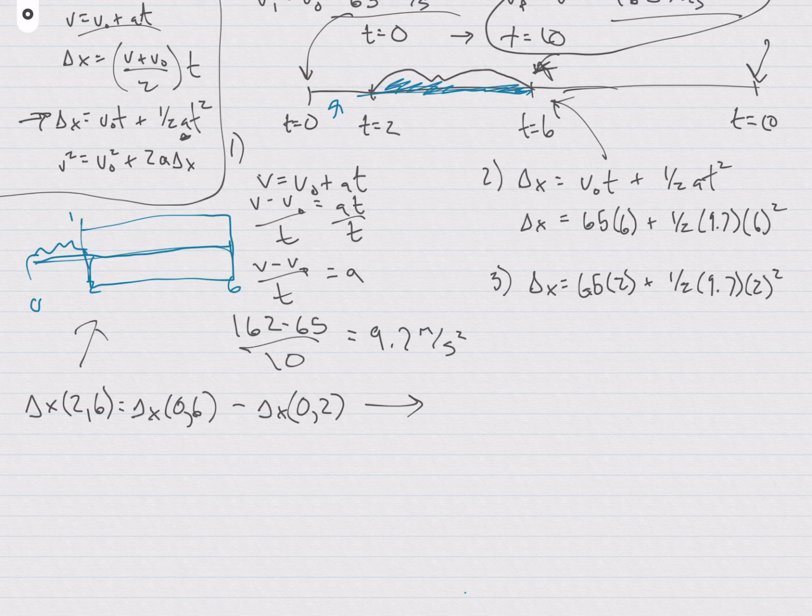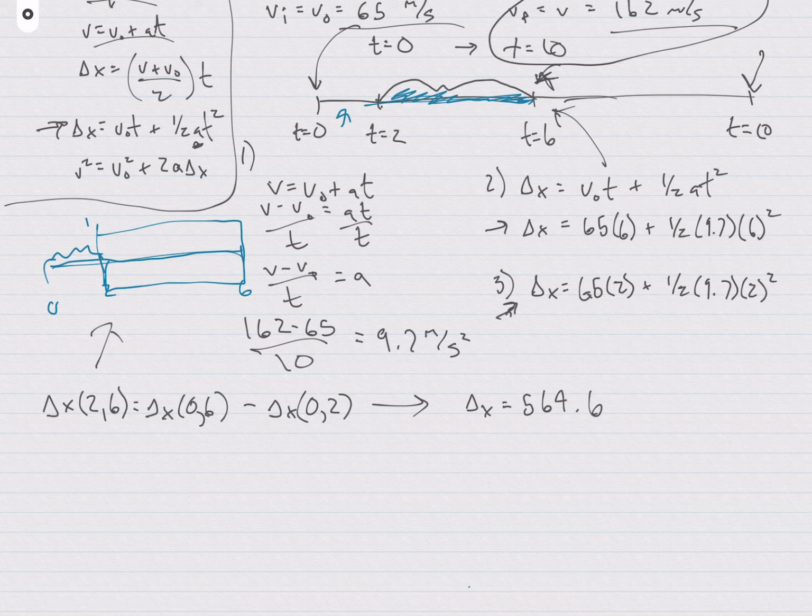So let's do that. I'm going to write it right here. What we're looking for, this right here, is going to be equal to this guy minus this guy. Let me solve this. 65 times 6 plus 0.5 times 9.7 times 36, which is 6 squared, is 564.6.